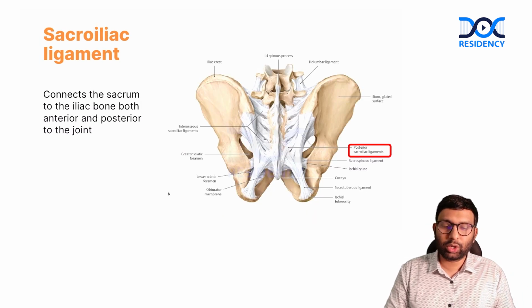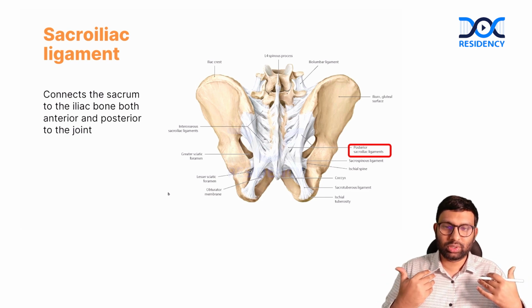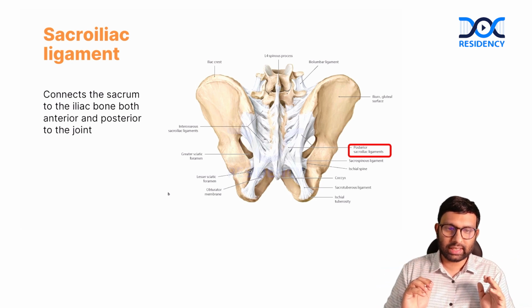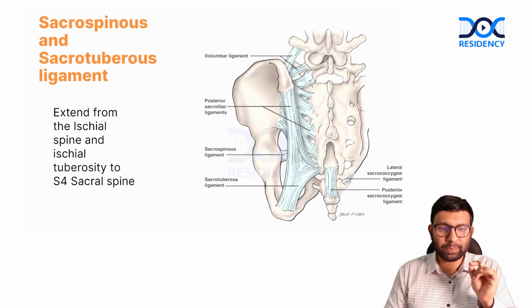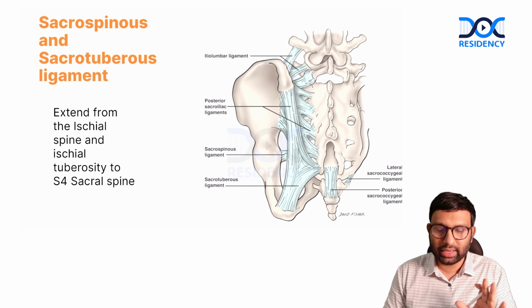Then you have the sacroiliac ligament, which is present anteriorly and posteriorly to the sacroiliac joint. So it connects the sacrum to the iliac bone from the anterior side as well as on the posterior side, as you're seeing in this image here. Okay, then you have sacrospinous and sacrotuberous ligament. The articulation is self-explained in the name itself.